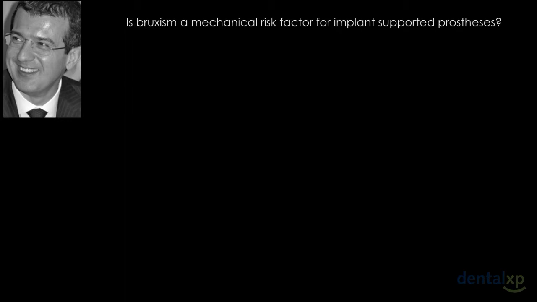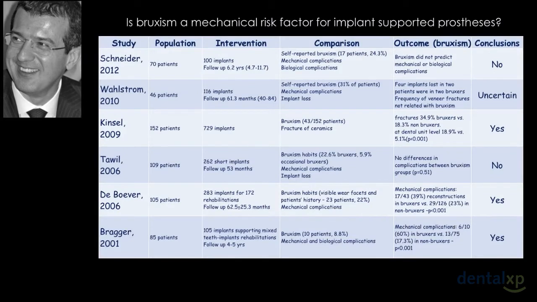When we deal with hardware, we have a clinical condition which is in some way a test of our prosthodontic structures, and this clinical condition is bruxism. If we try to answer the question, is bruxism a mechanical risk factor for implant-supported prosthesis, we can look at some existing literature.